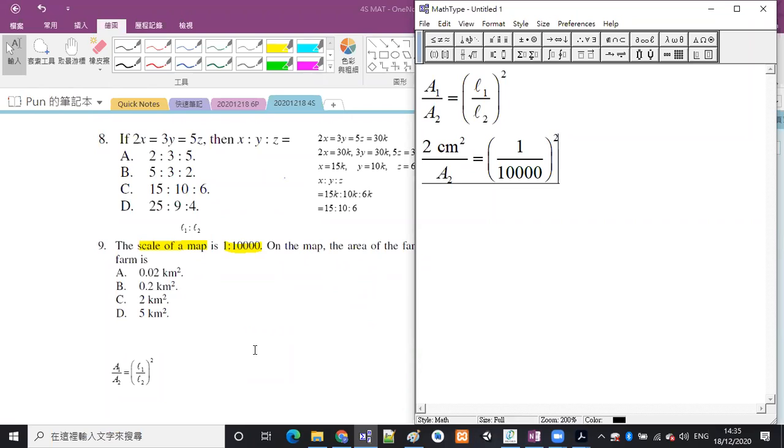Okay. We substitute the whole ratio in like this. We do not know what L1 is or what L2 is, but we know what their ratio is. OK, and then just simplify this first. Also remember to keep the unit first. We need to keep this unit because in the answer we are going to find the A2 with different units.